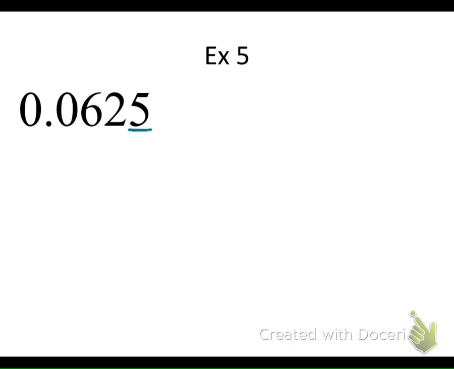5 is the last digit in the decimal. Tenths, hundredths, thousandths, 10,000ths. So, Cody, what does my fraction look like? What's on top? What's the numerator? Yeah, nice.